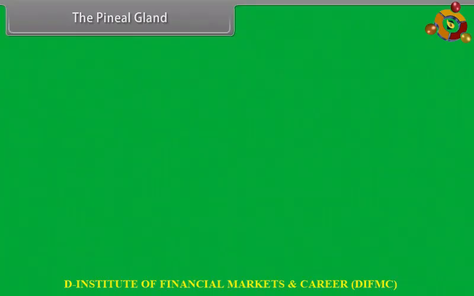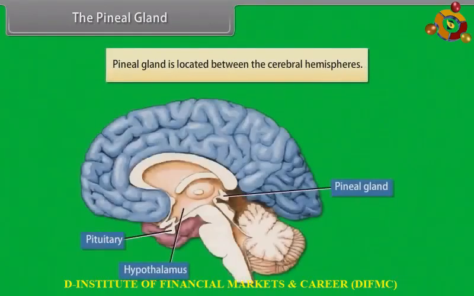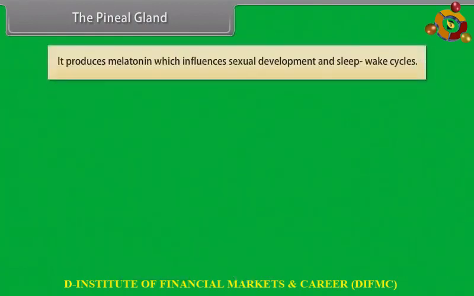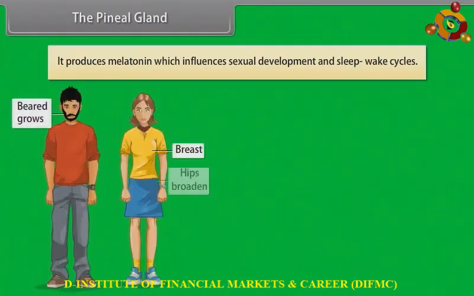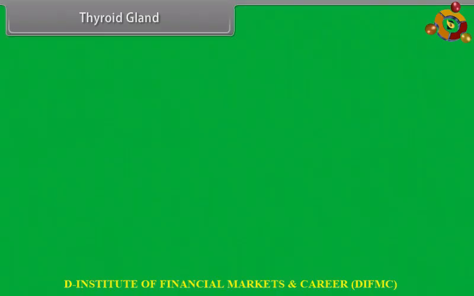The pineal gland. Pineal gland is located between the cerebral hemispheres. It produces melatonin, which influences sexual development and sleep-wake cycles. Thyroid gland.